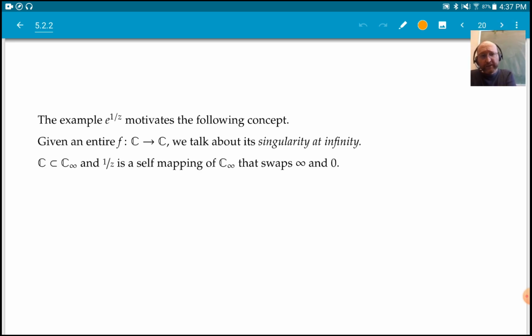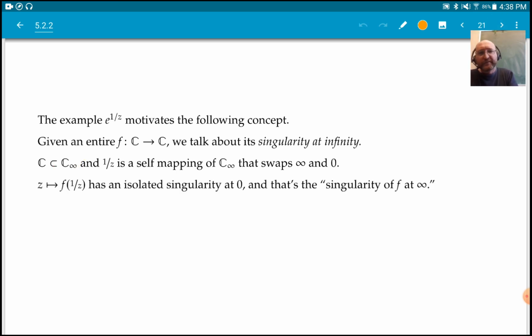So now C is a subset of the Riemann sphere, C union infinity. And 1 over z is a self-mapping of the Riemann sphere that just flips 0 and infinity. So if I look at f of 1 over z instead of f of z, when z is near 0, then 1 over z is near infinity.